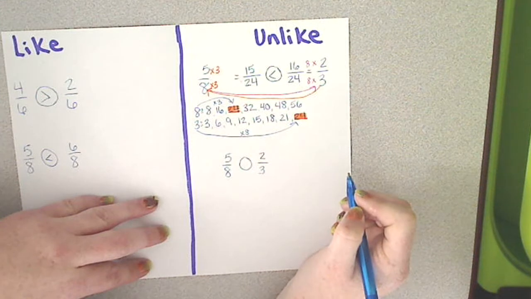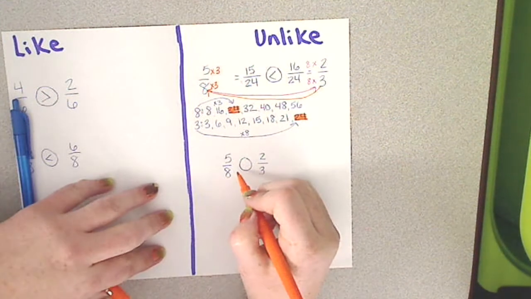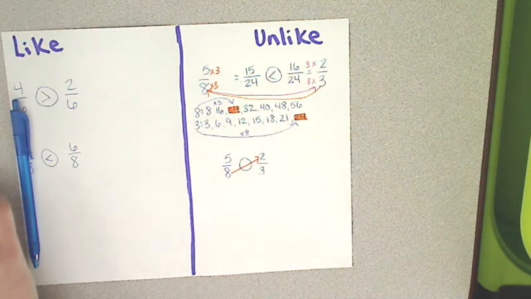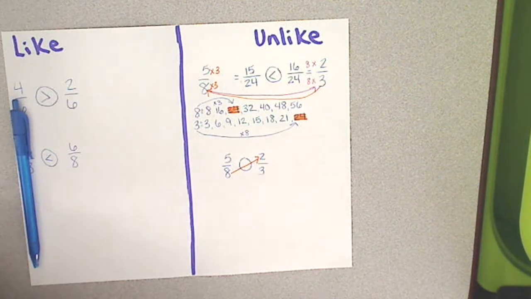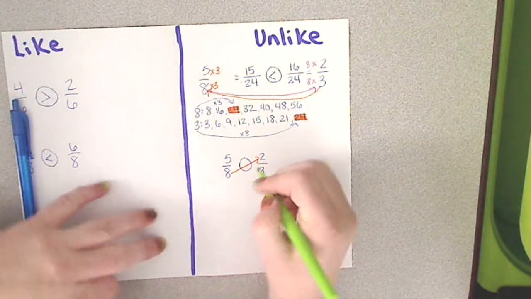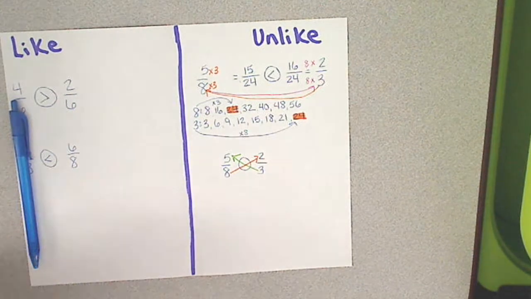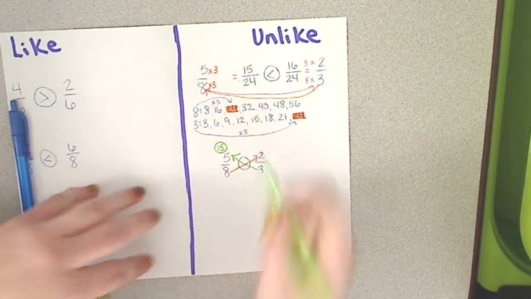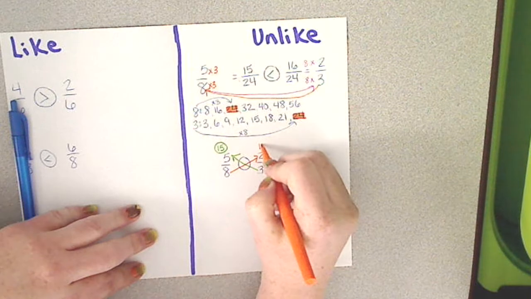And it's cross multiplication. Cross multiplication asks you to multiply the denominator of one side by the numerator of the other. Okay, so in this case, 3 times 5 is 15, and 8 times 2 is 16.